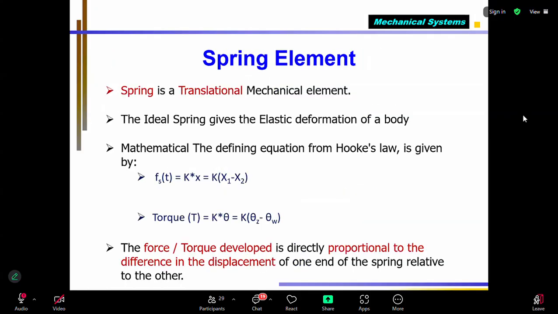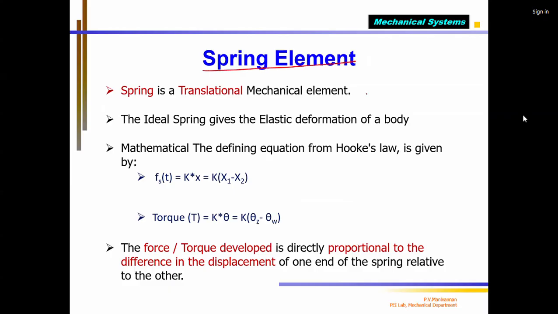Yesterday, I just started about the spring element. A spring element is a translational mechanical element which can store potential energy. Okay, how will you make a spring? Take a wire which is made of spring material. We can use spring steel, bronze, something like that. Using these materials you draw a solid wire.